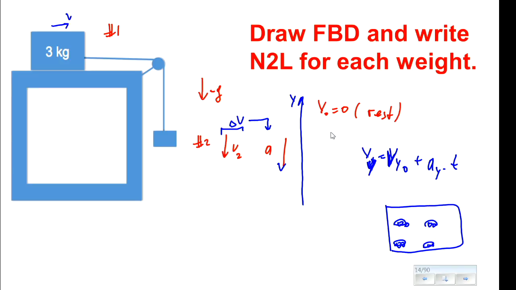Velocity, number 1, points vertically, which means acceleration points horizontally. And now I want to make an important statement. A string is not a spring.